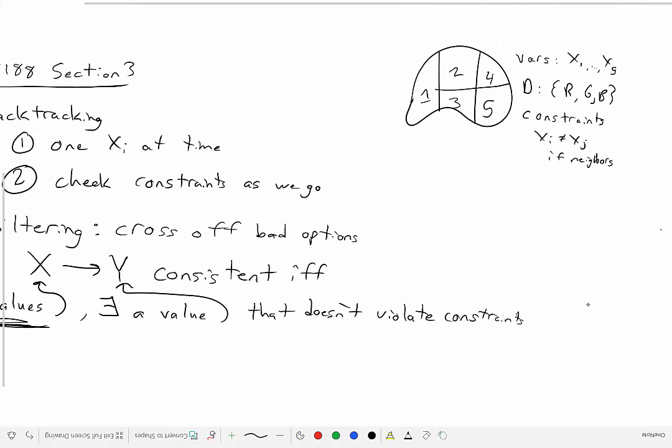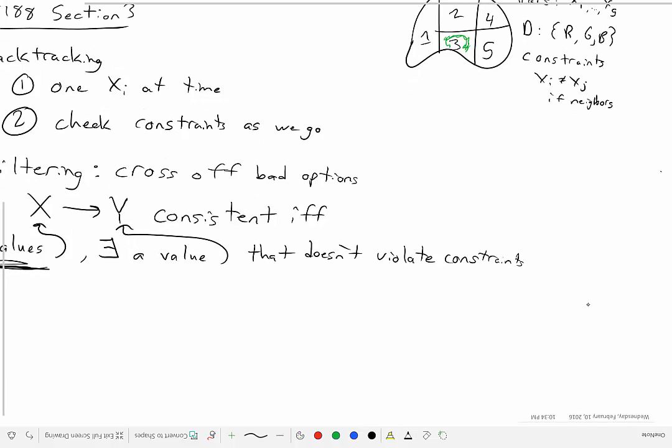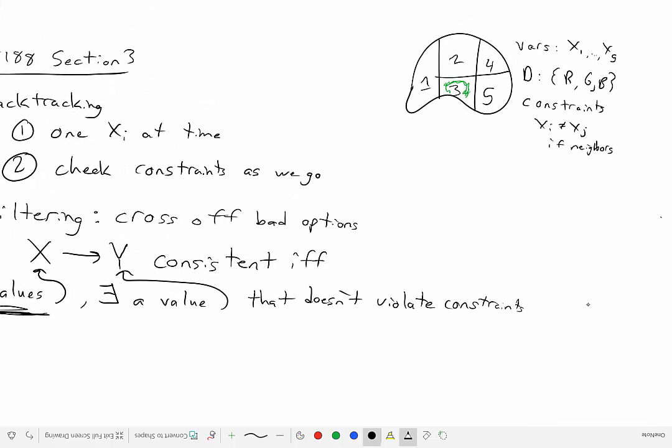Okay, so let's do an example. It'll make more sense then. So let's say that we color state 3 green. And then I'm keeping track of all my states, x1, x2, x3, x4, and x5.